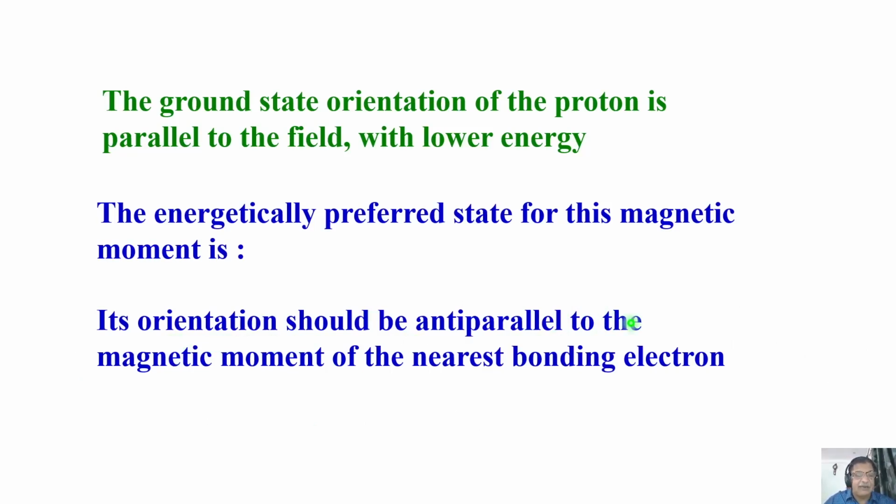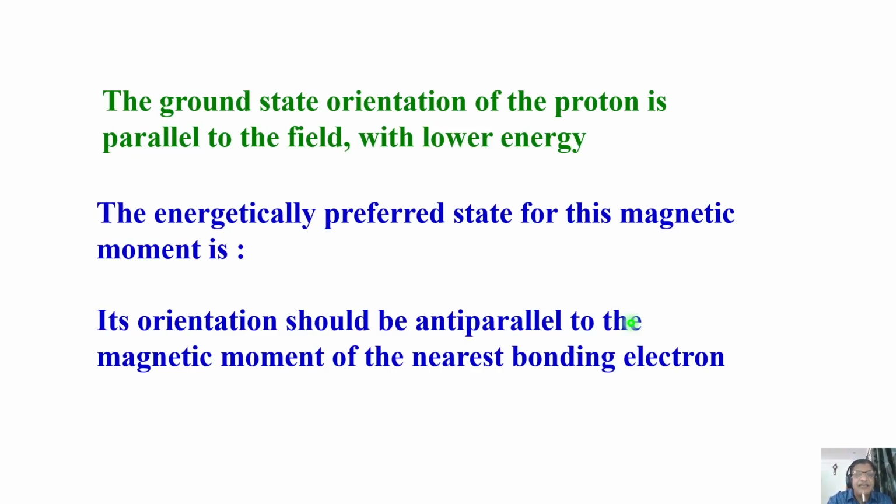Please understand this statement. I am considering the proton in the ground state, with the orientation parallel to the field. That is the lowest energy configuration. Spins oriented parallel to the field have the lowest energy. That's what we have been discussing from day one.